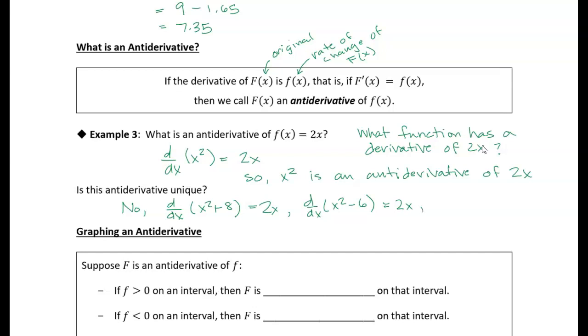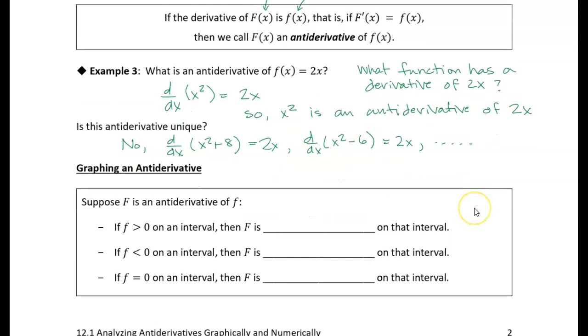And you could come up with an infinite number of other equations that would have that same derivative. Now you might notice it's just the constant that's changing. So hold that in mind. We're going to get to that tomorrow. Today we're just going to look mostly at antiderivatives from a conceptual and graphical point of view.